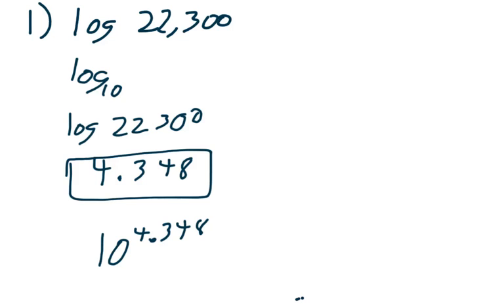Now, because the number turned out to only be 22,284.35, that's basically because we had to round the number. If we didn't round the number, we would have gotten exactly 22,300.